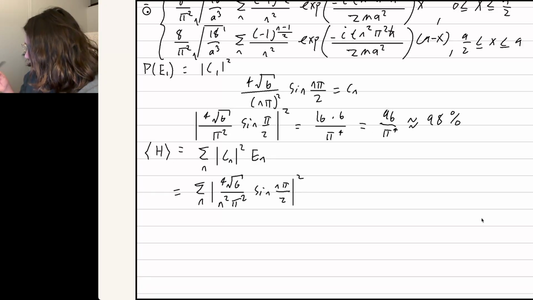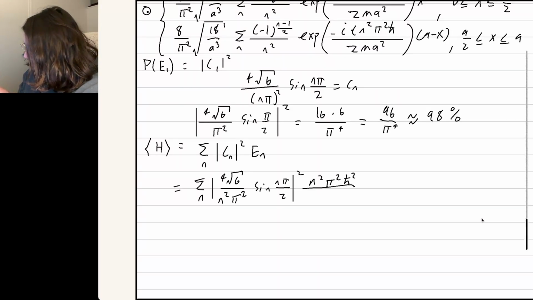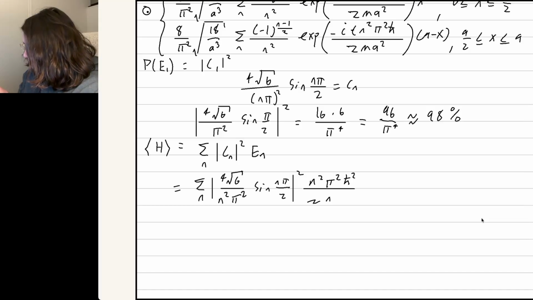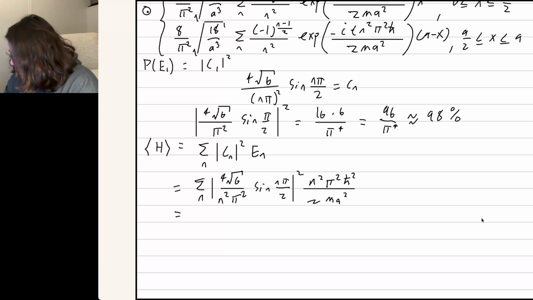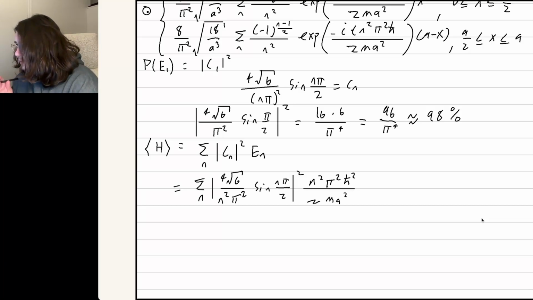And then using our definition of the energies, which is n squared pi squared h bar squared over 2ma squared. The absolute value of sine n pi over 2 squared, I think it's just 1, so that's okay.